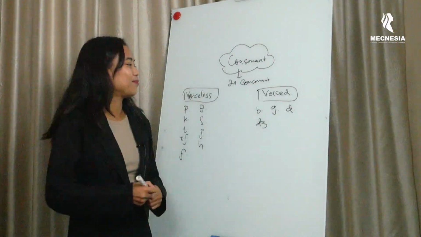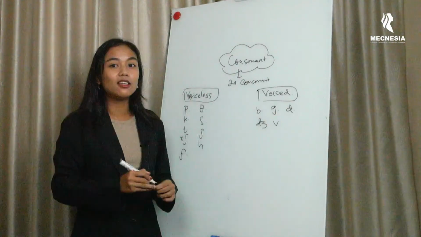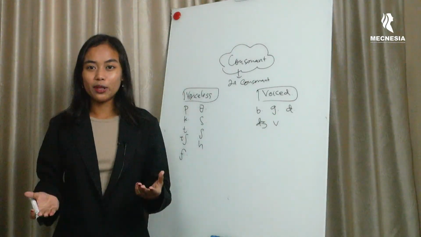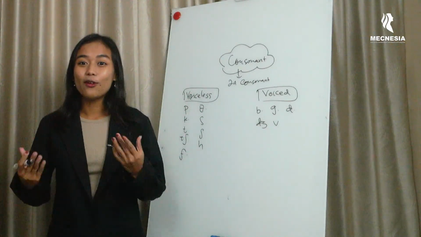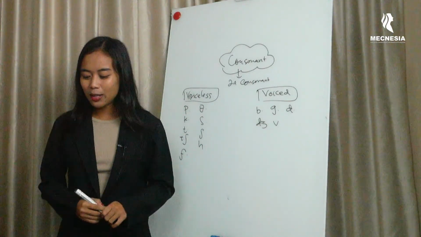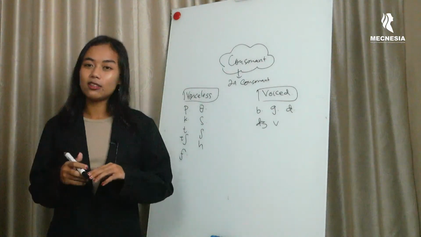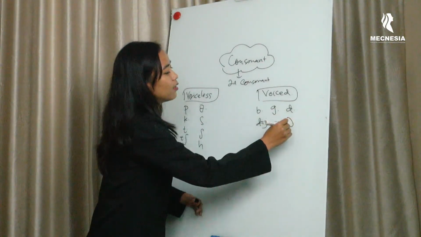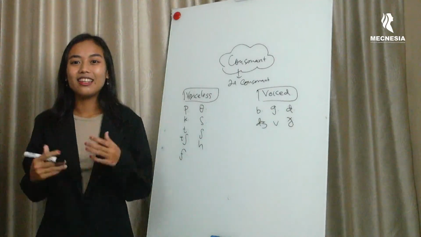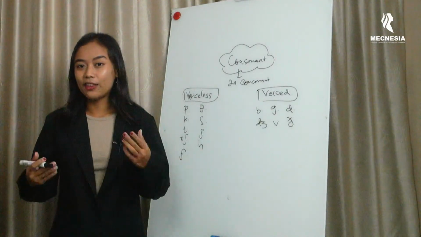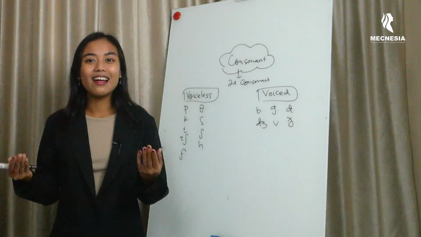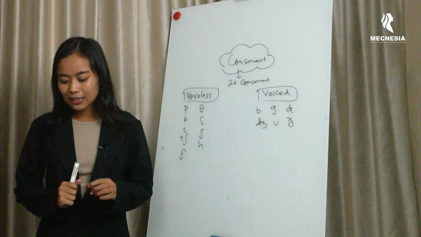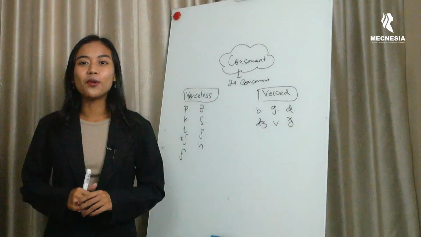V. V sound bisa kita temuin di kata very. Very. Let's say it together. Very. The next one is th sound. Okay, this sound. Yang bakal kita temuin di kata this. This. One more time. This. Next is z sound.